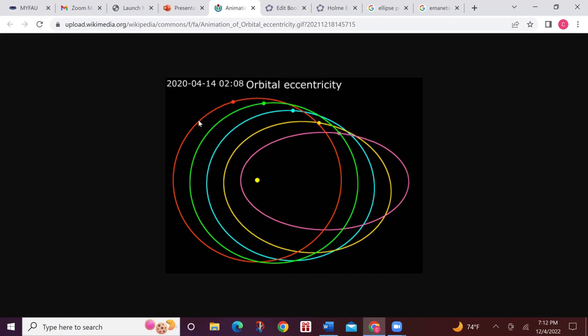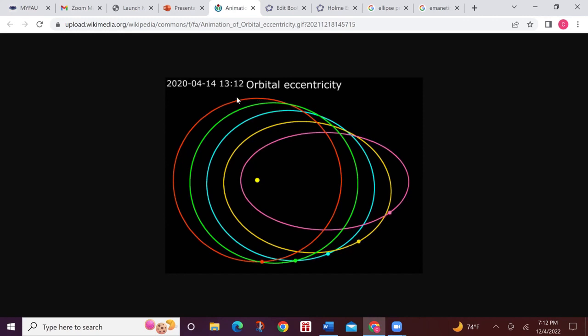You can see the red circle, it's close to being a circle. Its eccentricity is almost zero. Compared to the purple shape, which is really stretched, like squished, this eccentricity is close to 1.